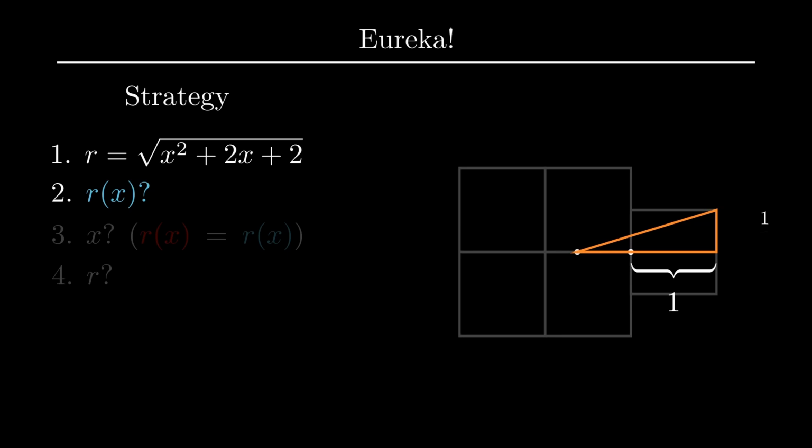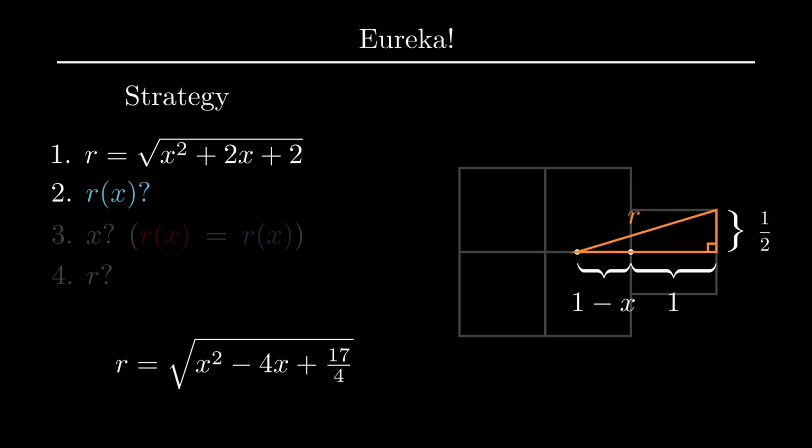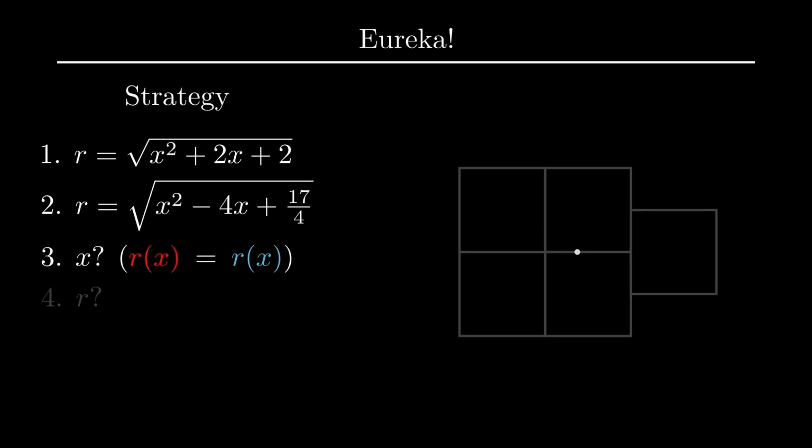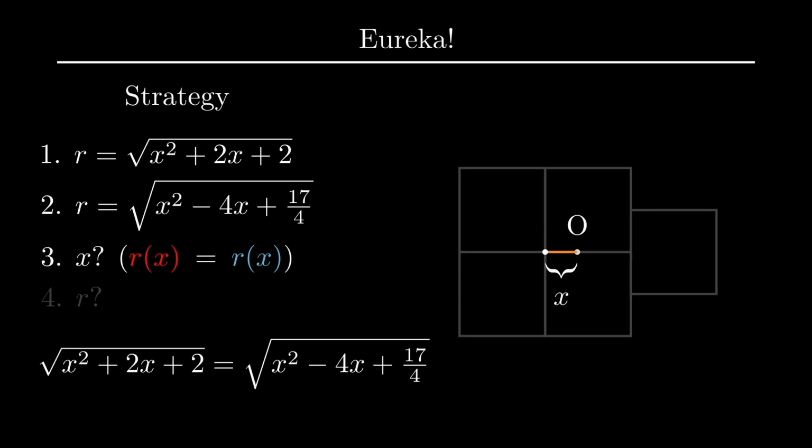Second, we apply the same method to the radius from the circle center to the right top vertex of the right square. After simplification, we get r equals the square root of x squared minus 4x plus 17 over 4. The lengths of the two radii are the same, so we can write an equality between their values.